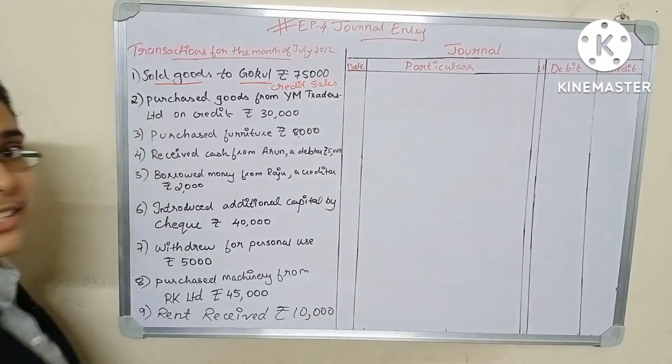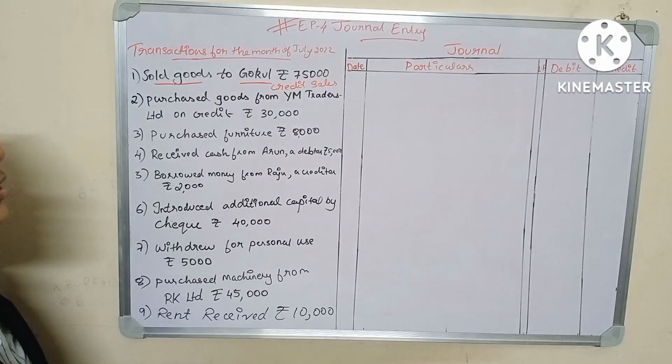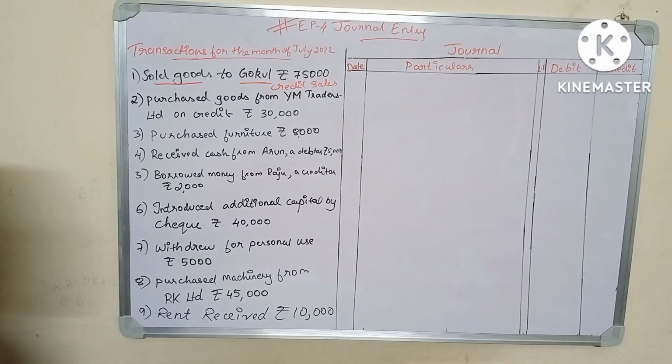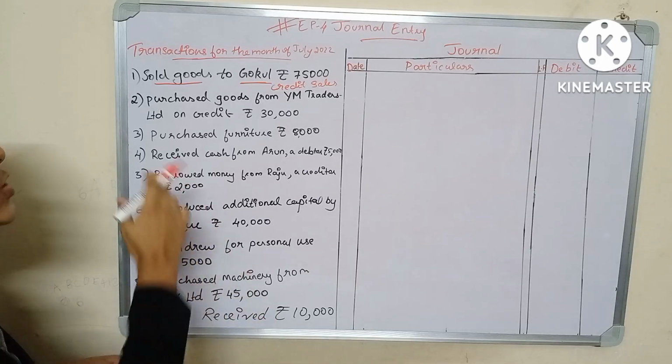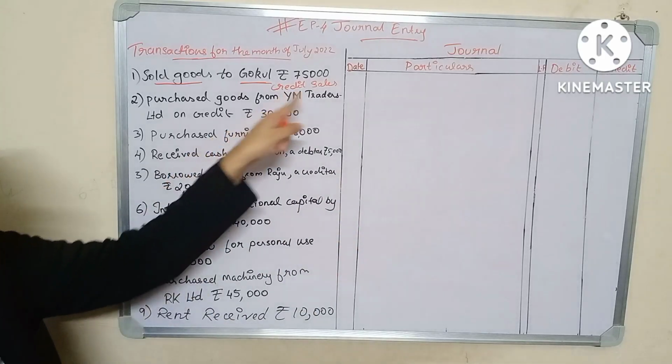How can you understand it's a credit sale? Because there is no word cash used here. If cash was said, you could have made an assumption that it is a cash sale, and you could have passed that journal entry. But since there is no cash here, it's clear that it's a credit sale.